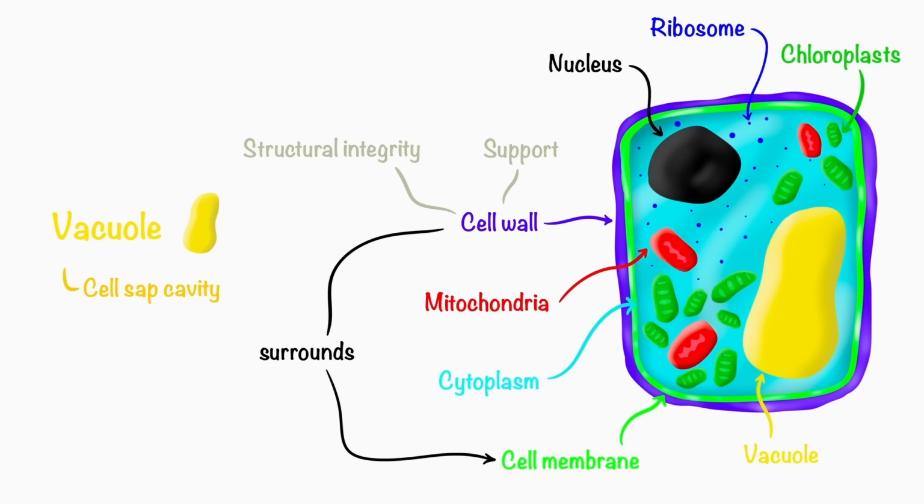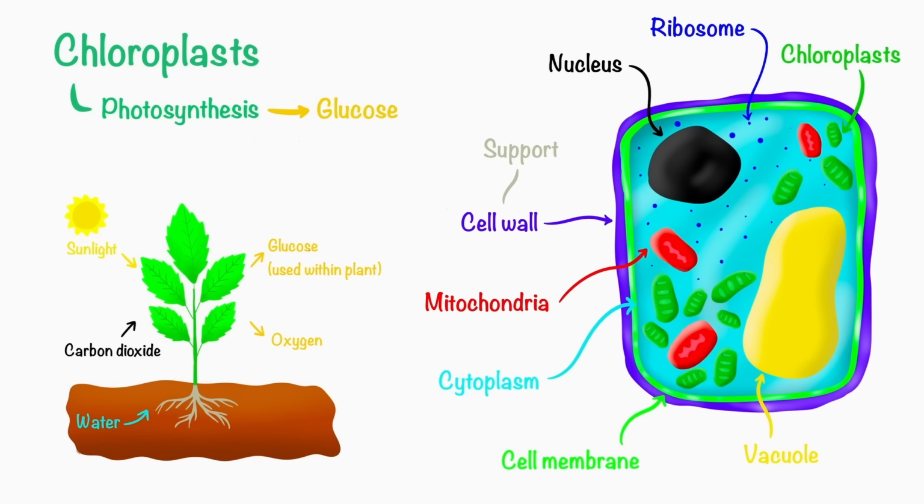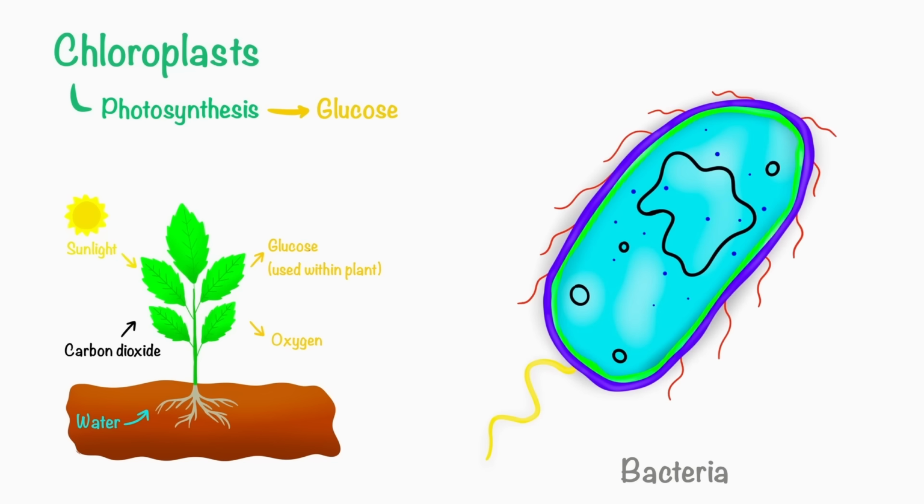The vacuole is a cell sap cavity within the plant cell used for storage of water and nutrients such as minerals and sugars. Whereas animal cells get glucose from eating, plants generate their own glucose through a process called photosynthesis.